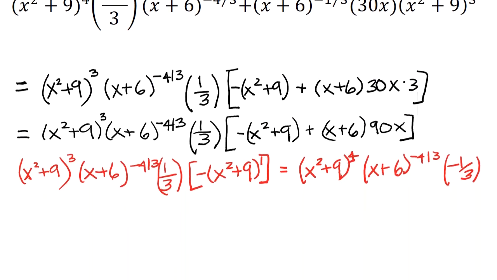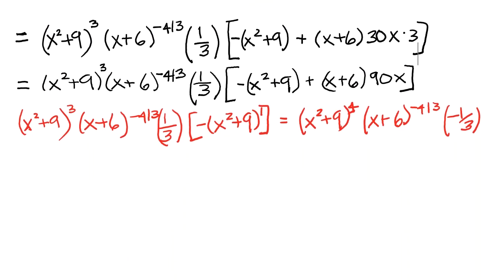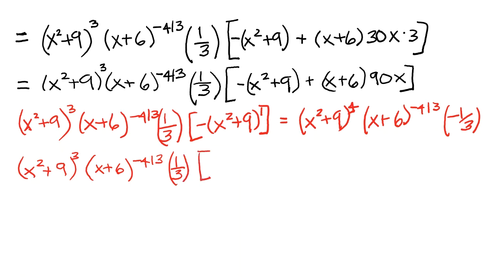And if I do that again, so if I take the factor, which is the x squared plus 9 cubed times x plus 6 to the minus 4/3 times 1/3, and now I'm going to multiply it by the second part. So I have x plus 6, that's to the power positive 1, isn't it? And 90x, and if I multiply all this out, I need to get the second term back.